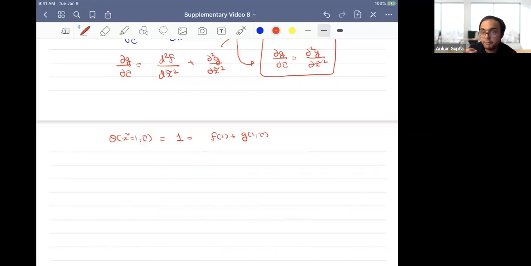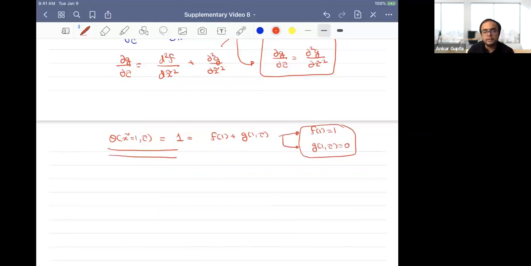So what we can force is we can say we want f of 1 to be 1 and g of 1 comma tau to be 0. If we do that, we will satisfy this equation, and we will also make this condition homogeneous. Hopefully that makes sense.